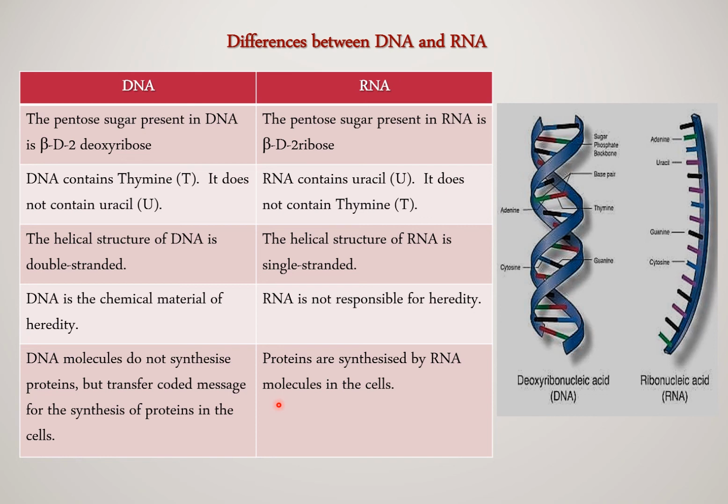So if I want a protein to be synthesized in the body, it's only with the help of RNA. But the message for the synthesis of protein is stored in the DNA, which is transferred. So both work together, in a nutshell, for the sustenance of life.